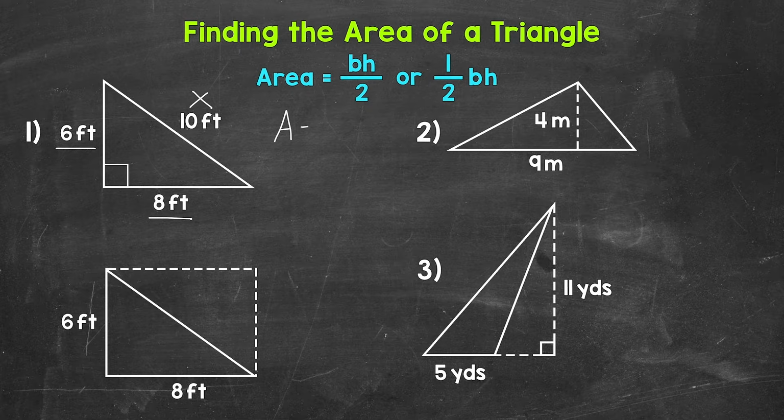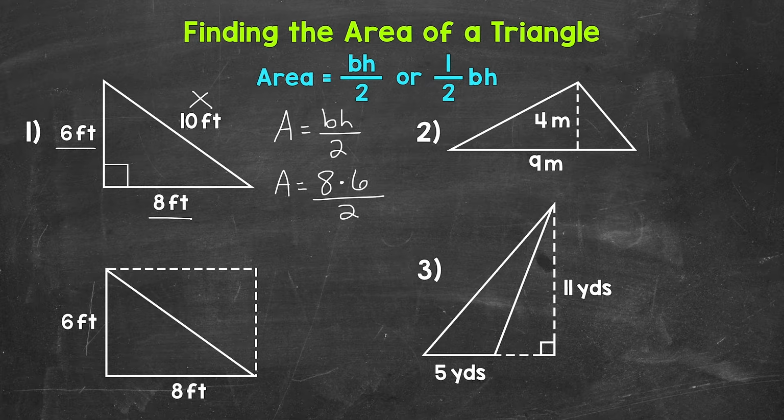We have area equals base times height divided by 2. Let's plug in the base and the height. The base is 8 feet, so we have 8 feet times the corresponding height of 6 feet, so 8 times 6 divided by 2.